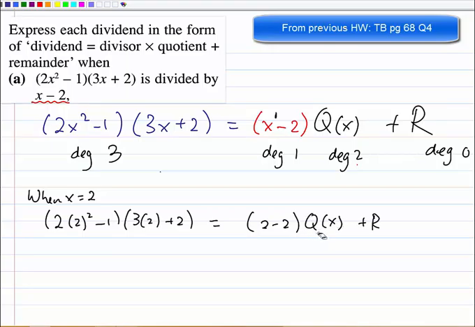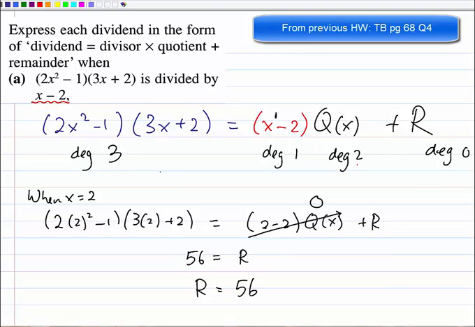So we don't have to care what q of x is, because 2 minus 2 is 0 and this whole product will become 0. So from here we have the remainder is 56.